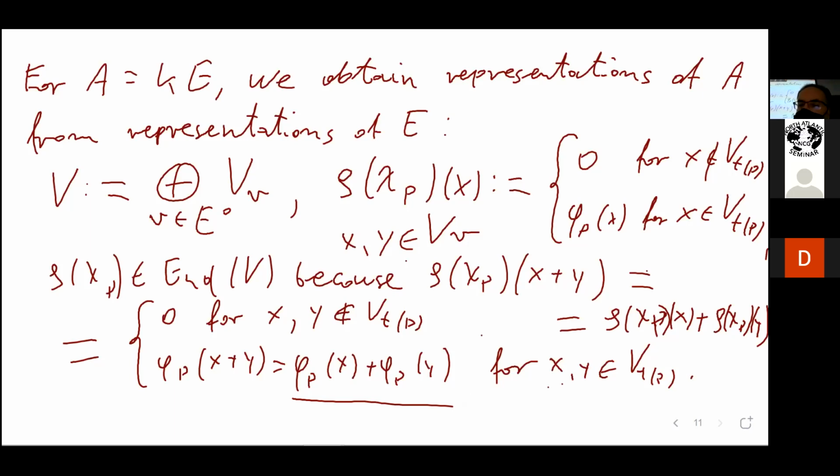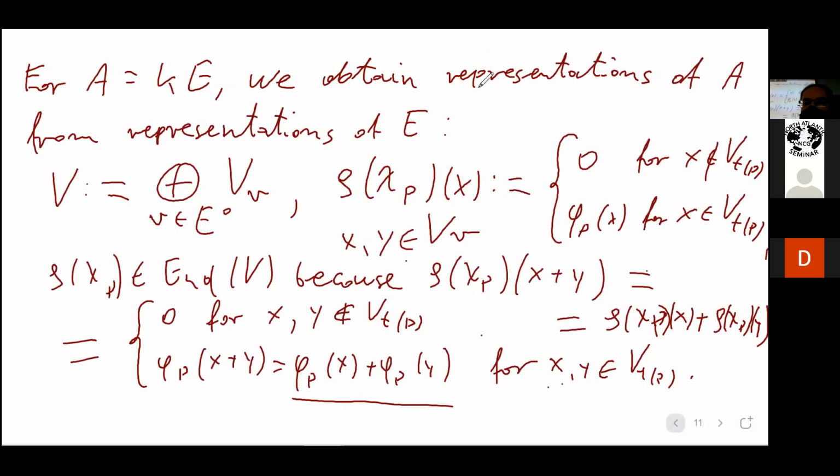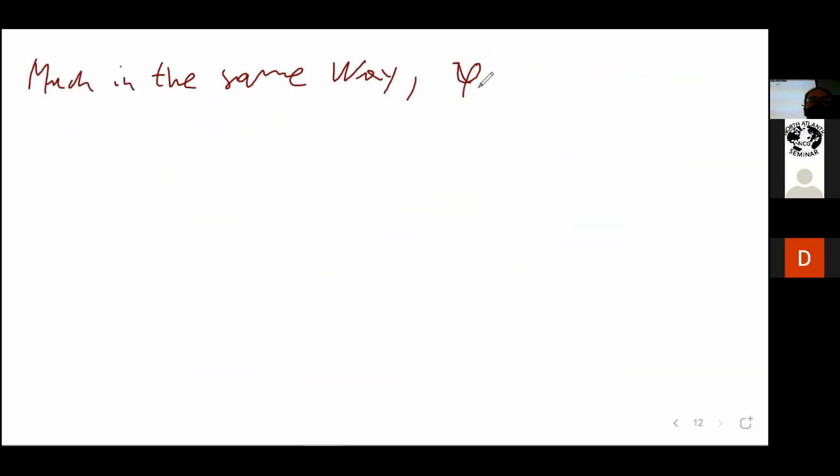So let me just write much in the same way, rho of chi p of AX is A times rho of chi p of X.